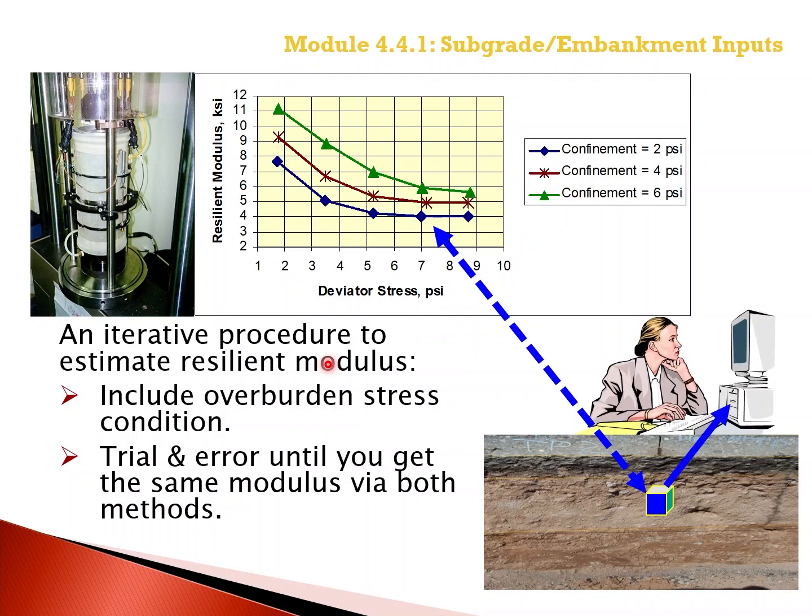So the iterative procedure is easy, and once the user has completed the procedure a couple of times, the equivalent stress state and design resilient modulus can be estimated in basically one or two iterations. It does not take that much time or effort to set the procedure up and determine the design resilient modulus.